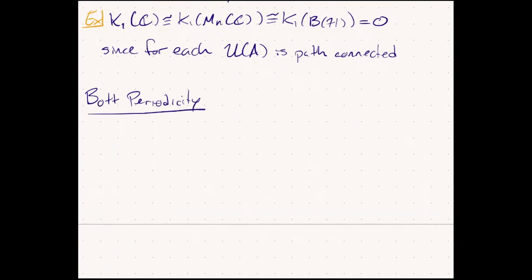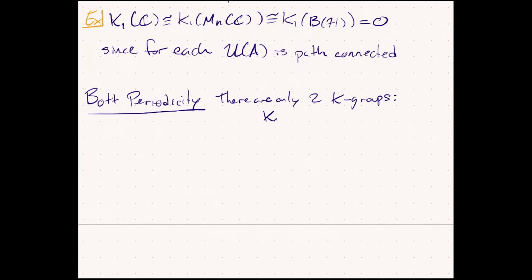And there's a lot in what Bott periodicity actually is, but what's important for the narrative that I'm constructing is really that there are only 2 K groups.